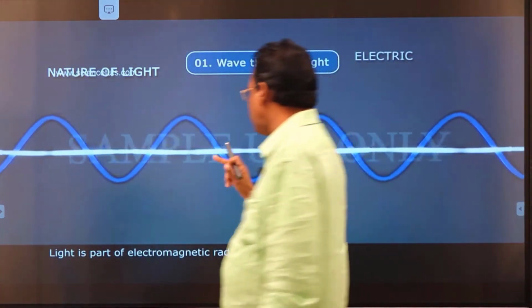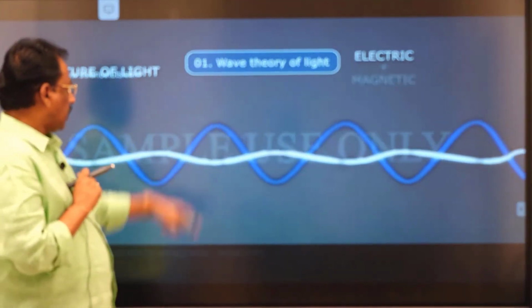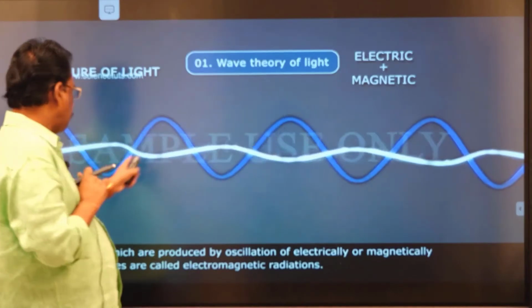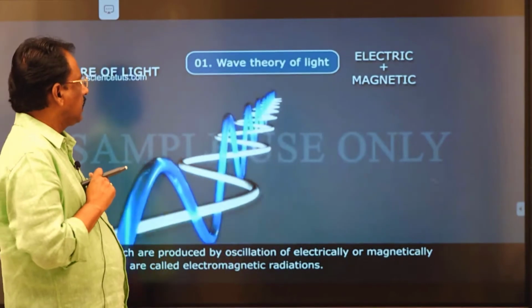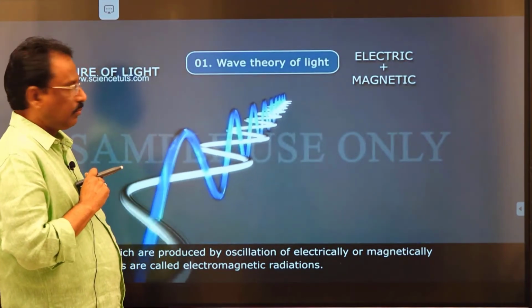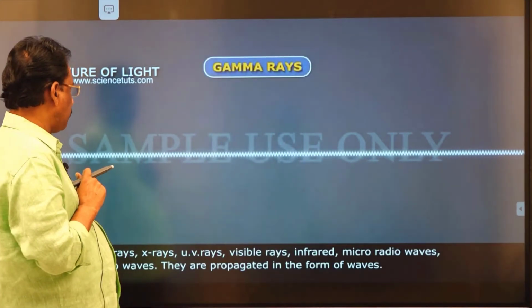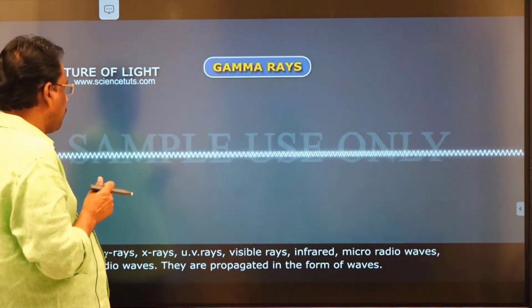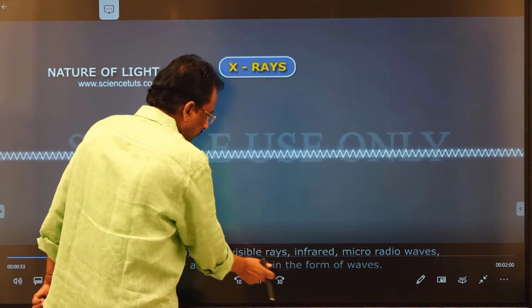The wave theory of light was proposed by Huygens. According to him, the light is propagated in the form of a wave like that. Along the path of the light, both the electrical field and the magnetic field are developed. These two are mutually perpendicular to the path of the light also.